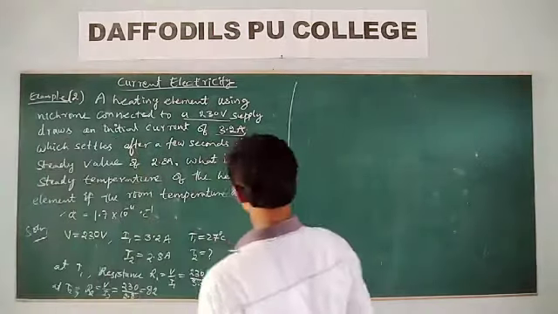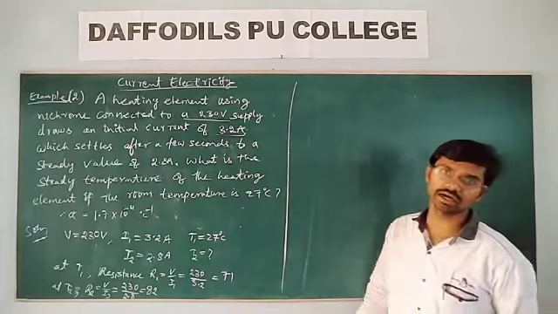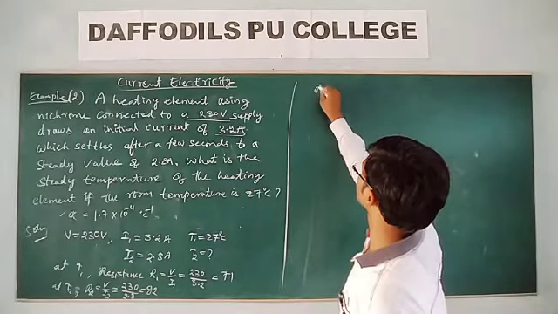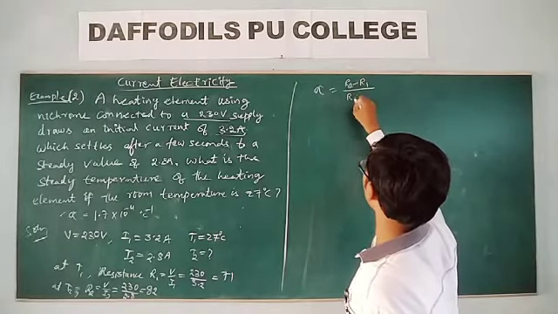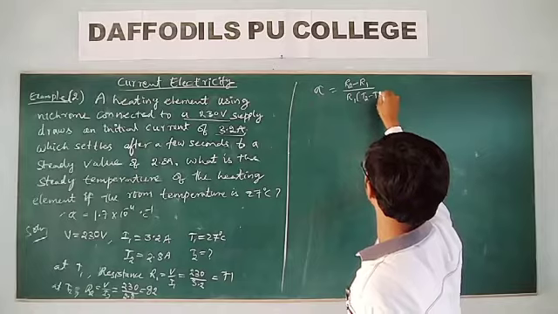The temperature coefficient of resistance alpha is equal to (R2 minus R1) by R1 into (T2 minus T1).